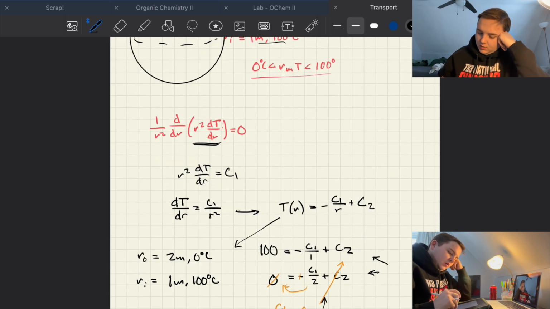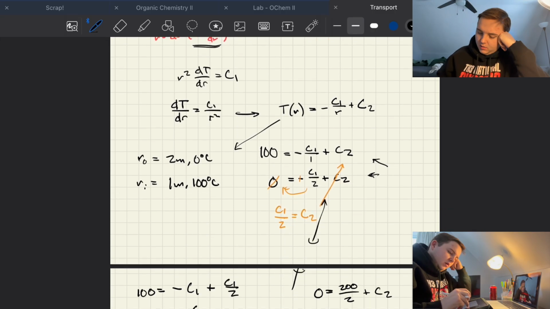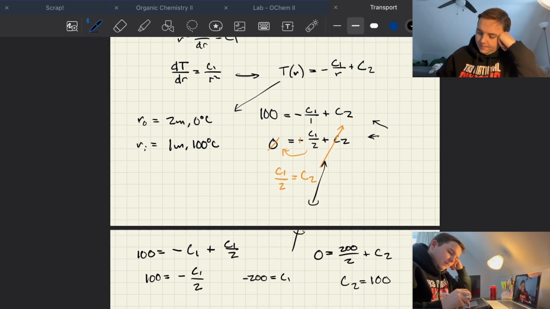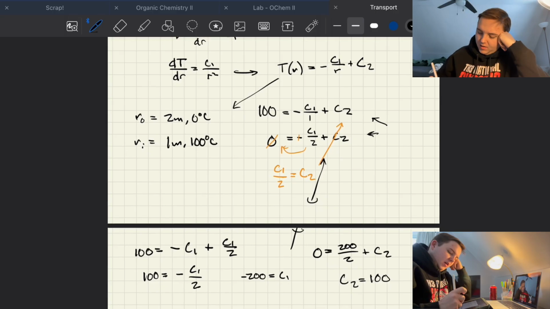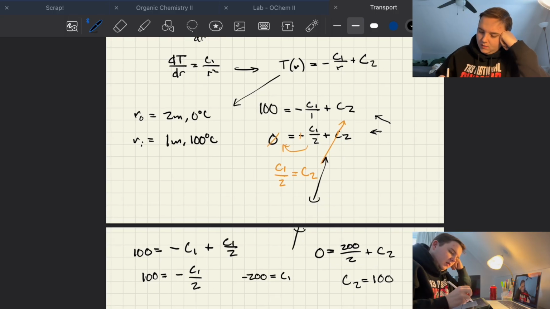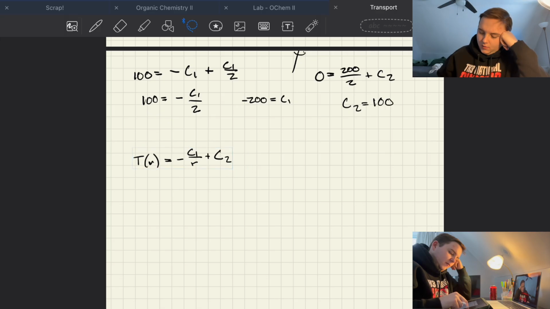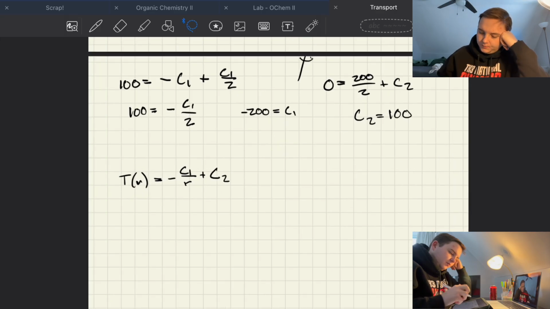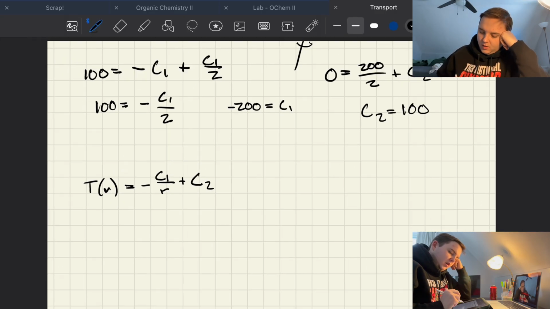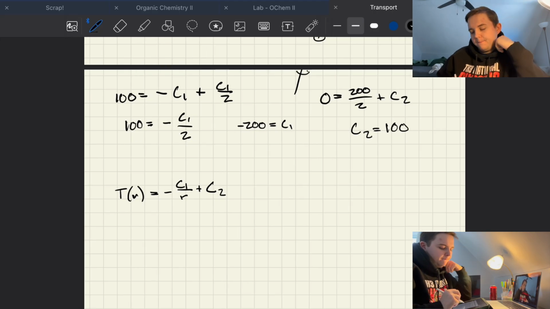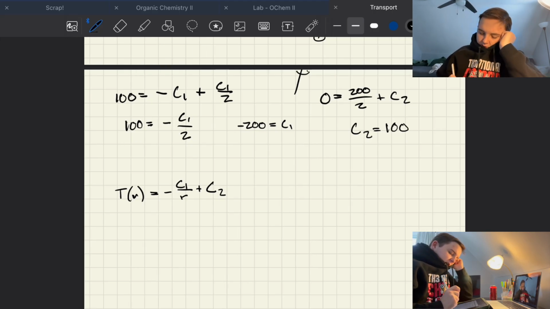Okay, cool. Now we can use our values in this. I'm going to copy this down to find our new value. We know C1 and we know C2, and we know the radius too.